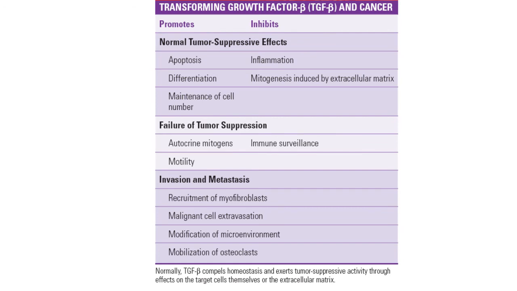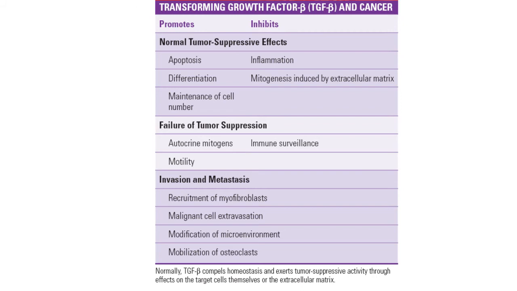This table is summarizing the effect of the transforming growth factor beta normally and during oncogenesis. Normally, the transforming growth factor beta promotes apoptosis, promotes differentiation, and also promotes maintenance of the cell number, while it inhibits inflammation and mitogenesis induced by extracellular matrix.